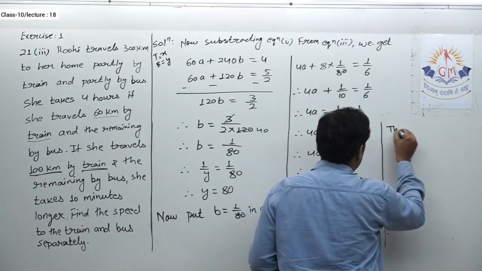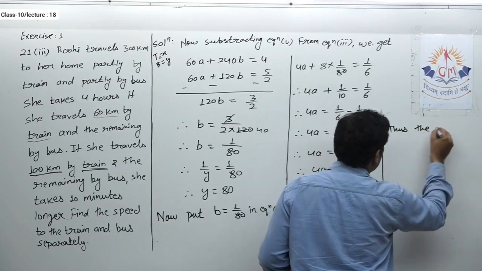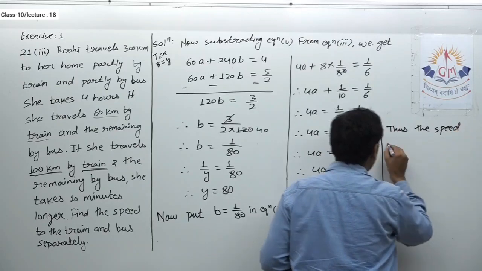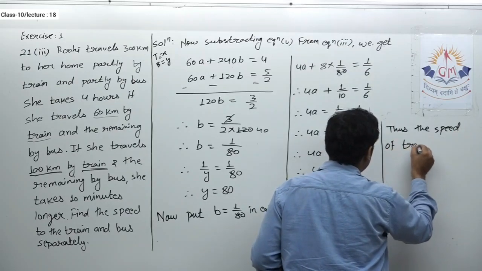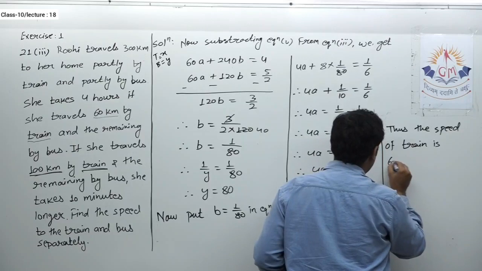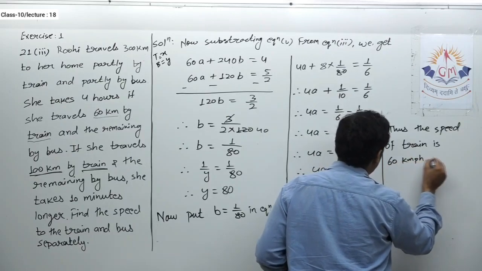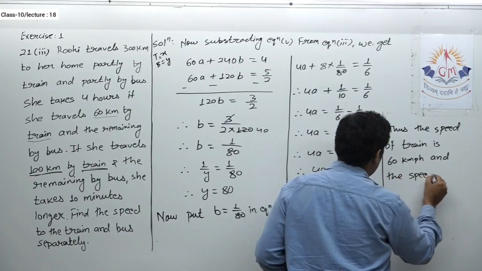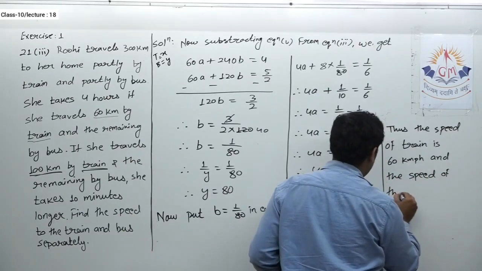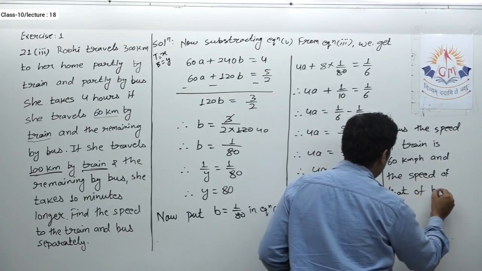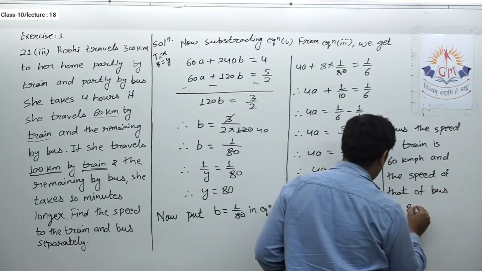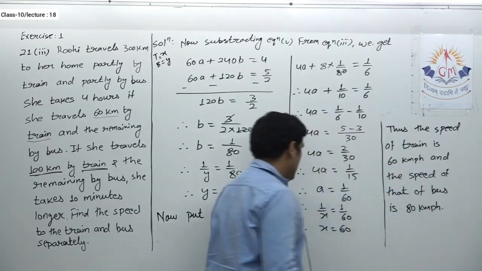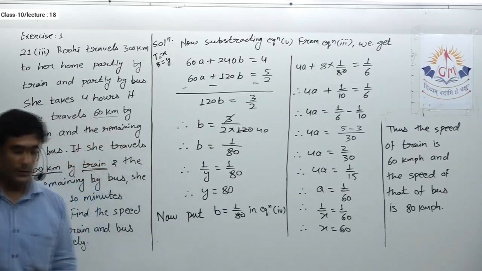Thus the speed of train is 60 kilometer per hour and the speed of the bus is 80 kilometer per hour. Okay, so I hope this is clear to you. So please note it down.